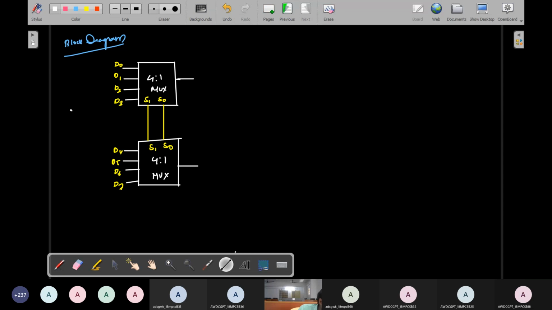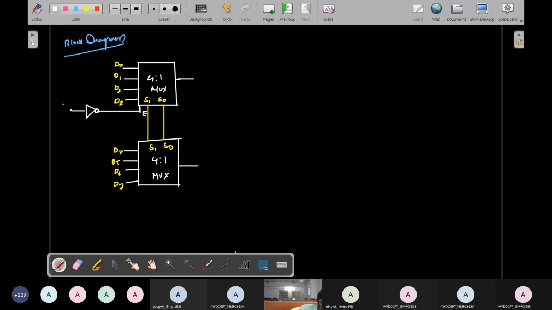See, this is the enable, right? So this is the enable terminal E. This enable is right now connected to a NOT gate.